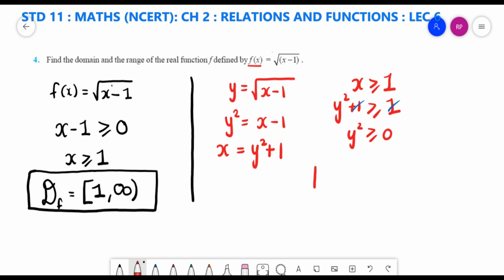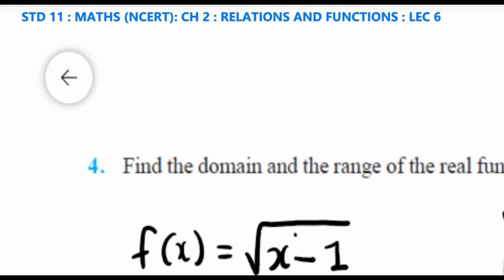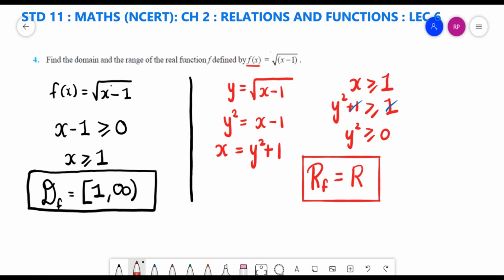So that means that the range of the function is R. So whatever value of x we take which is greater than or equal to 1, you can get your answer belonging to real number R. So the range of the function is R. Clear? So note down question number 4.